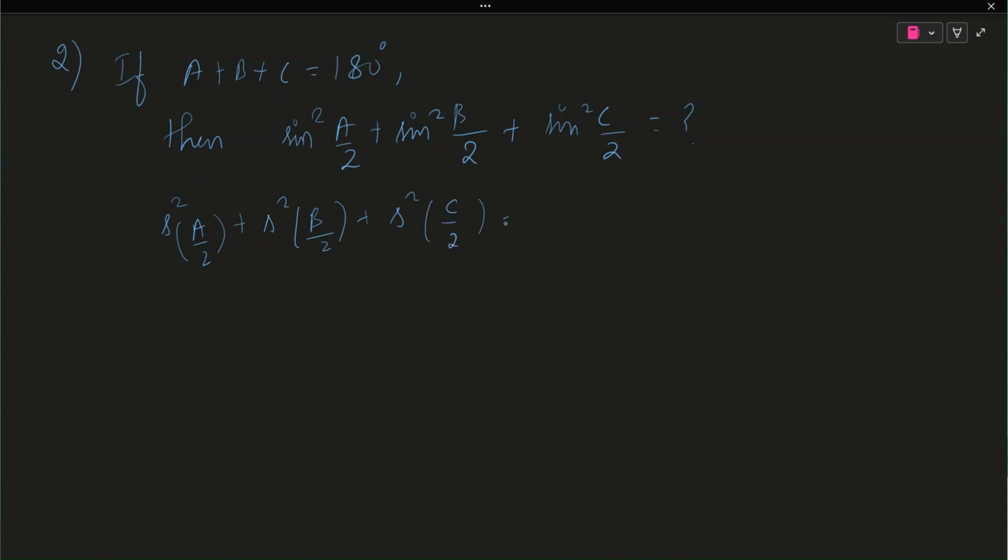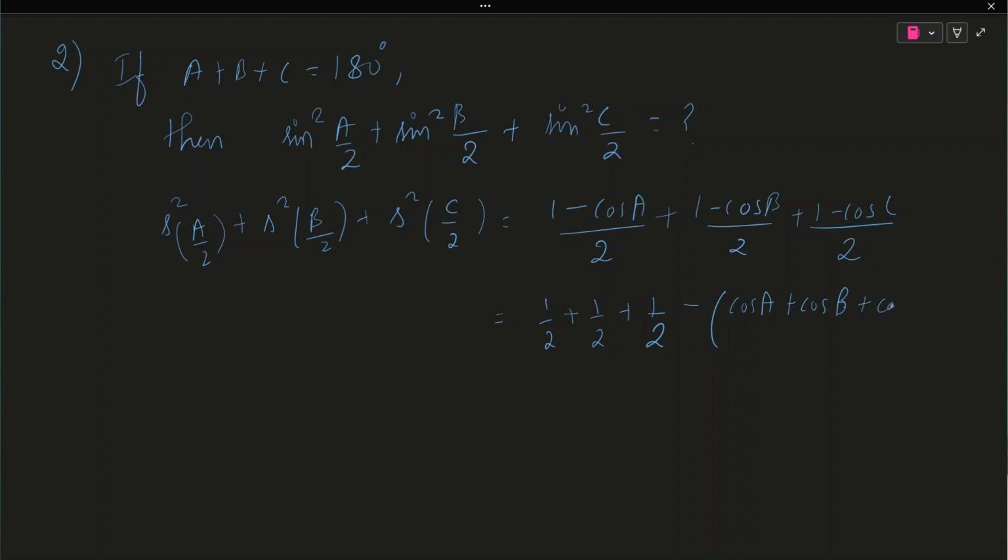Now let's resolve this. We can expand this in terms of cos: 1 minus cos A by 2 plus 1 minus cos B by 2 plus 1 minus cos C by 2. Now grouping all those halves, half plus half plus half, minus of cos A plus cos B plus cos C divided by 2.